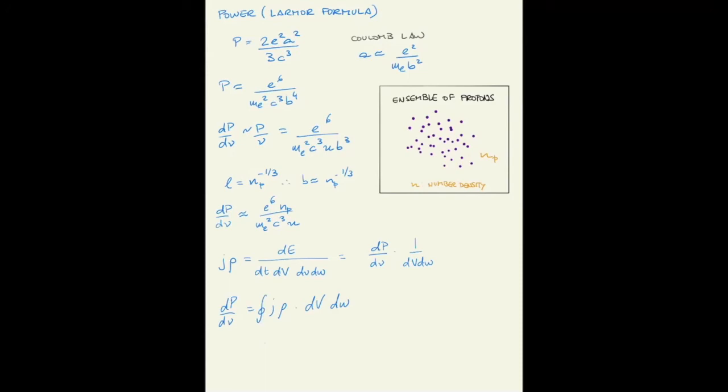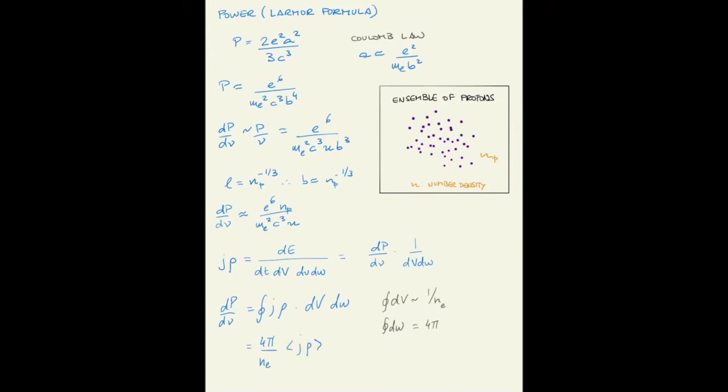So if we take the integral in volume, what we have is the inverse of the number density. Now the number density of the emitters, which are the electrons, and the integral in direction is 4 pi. So this is going to give us a factor 4 pi over number density of electrons multiplied by this average J rho.